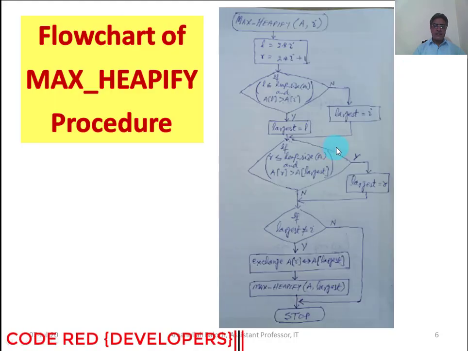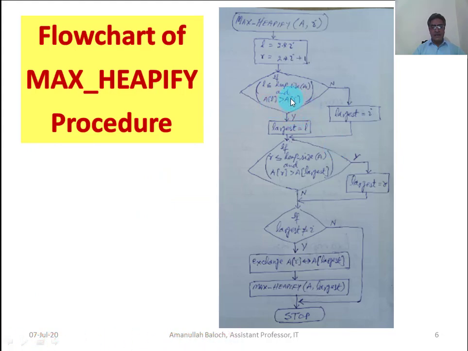So this condition is also satisfied, 16 is greater than 10. So yes, here the computer will execute this statement. Otherwise, if the condition is false, then it will execute the else branch. In this case, it will execute the if block.